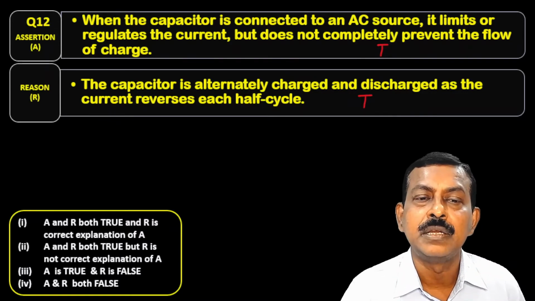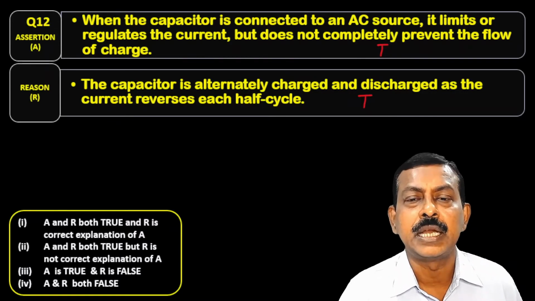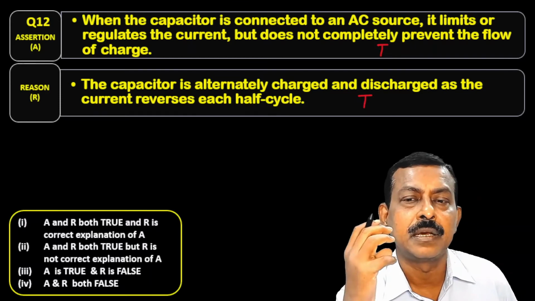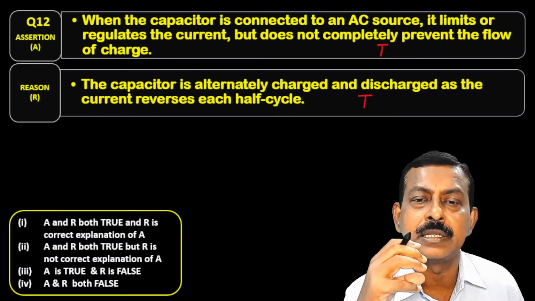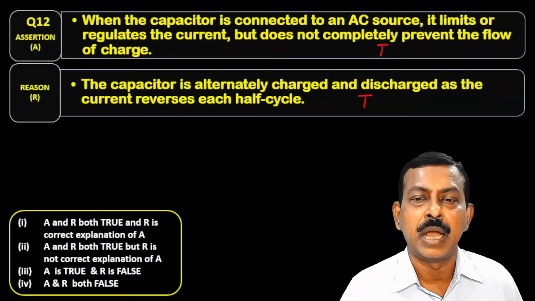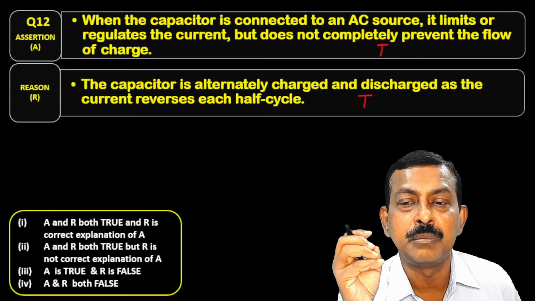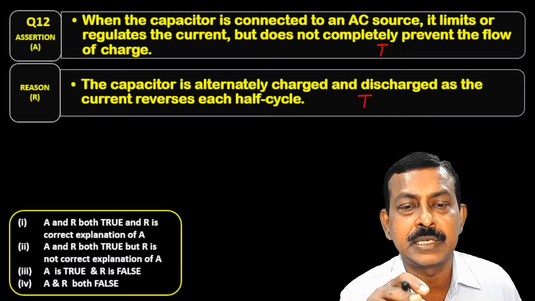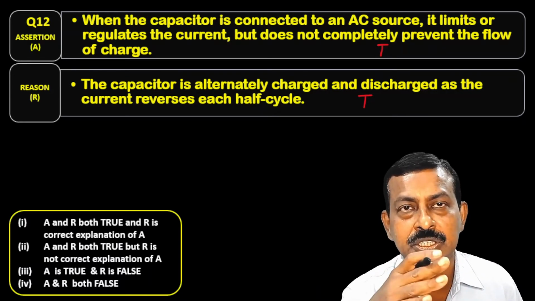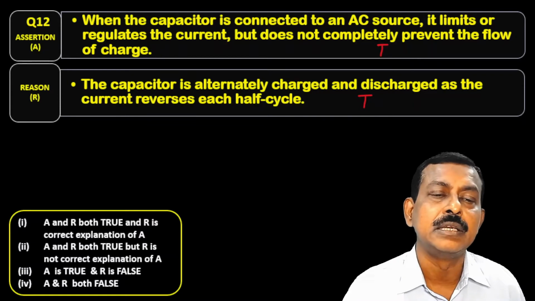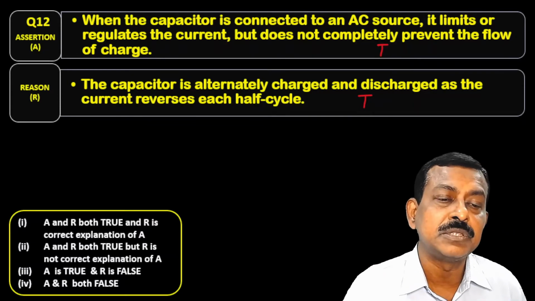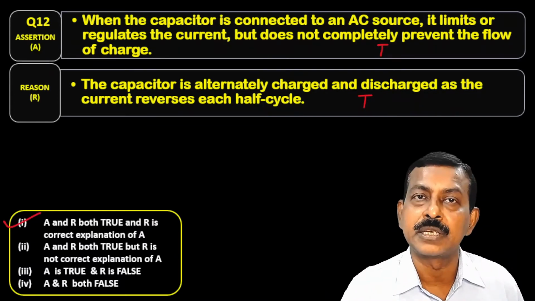So in this one, it is explaining it properly how it can regulate the current, and why it is saying that it does not completely prevent the flow, because we have seen that it is getting charged and discharged for half of the cycle alternately. So that means the first one is the correct option.